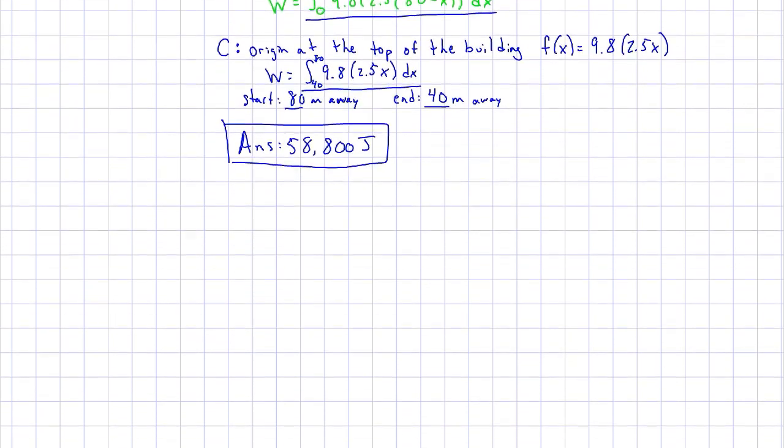The next kind of advanced scenario we can encounter is, what if there is a weight, or a mass, at the end of the rope? So in this instance, I have my same scenario.